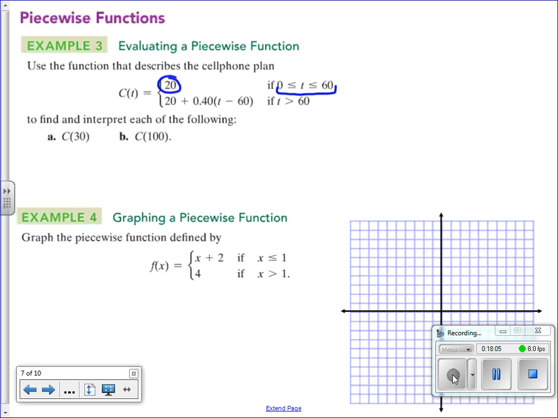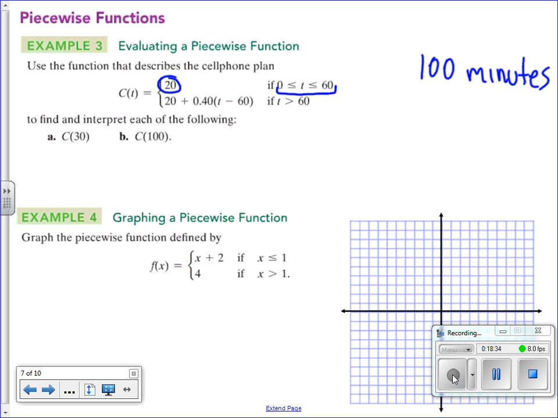So let's say that Miguel uses 100 minutes. So it was $20 if you stay under 60 minutes? Yes. Or exactly at 60. And it's 40 cents every minute after that, right? Yes.